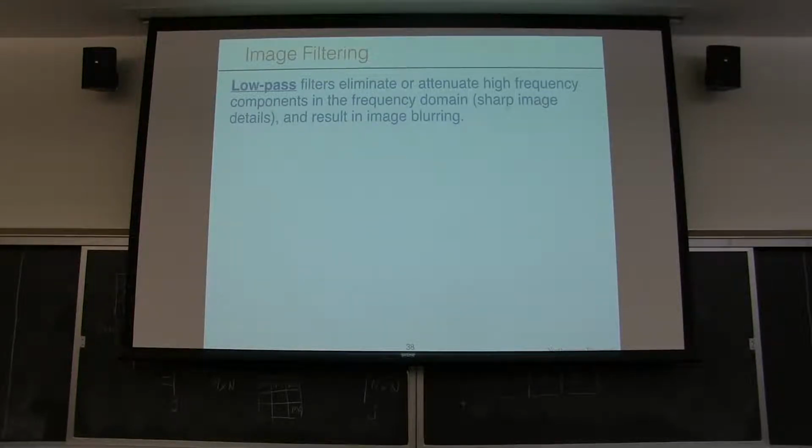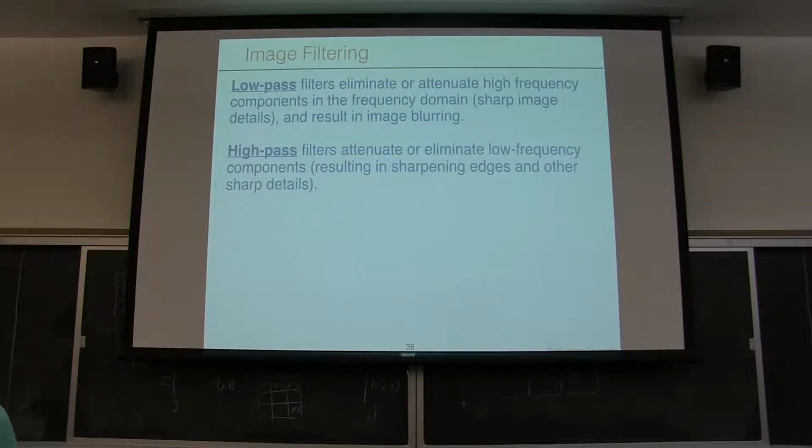The result of doing that is that our image might have less noise. We're going to see in a few slides why that might be the case. But also we're going to have images that look less sharp. There's going to be blurring in my images. And the reason is because the edges happen at high frequencies. Why? Because you have a rapid change in grayscale values at very small support.